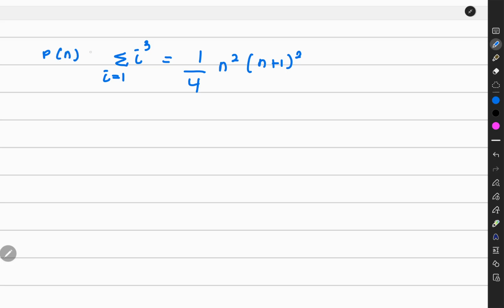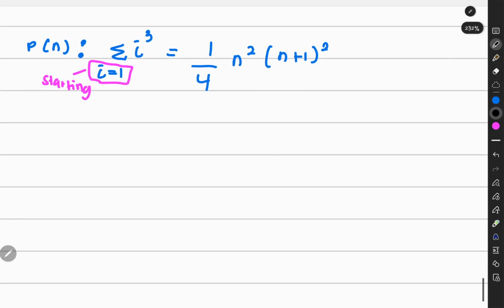Look at the upper bound. The starting n here is 1. So first thing first, what we need to do is to prove whether your P(1) is true. How do we do that?